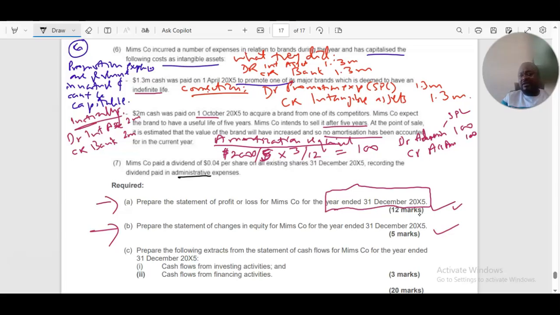If the entity was a sole proprietorship, these should have been accounted for as drawings. So there was a misposting of this, or the misapplication of the accounting standards. So in this case, let us first of all record what was done.